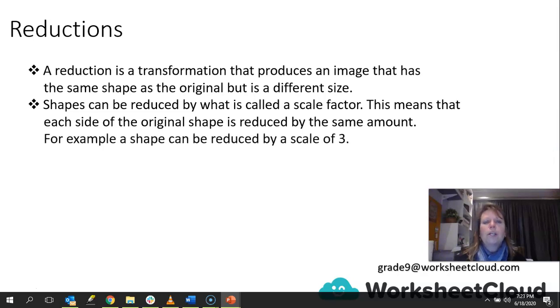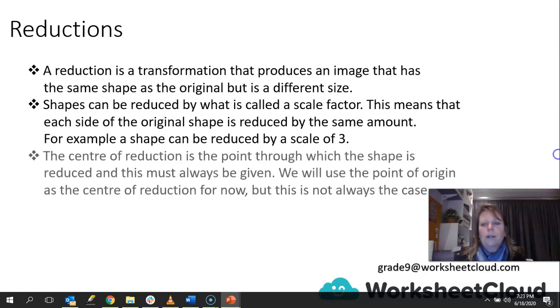For example, a shape can be reduced by a scale factor of 3. That means that the image will be a third of the size of the original one because we are reducing it. Okay, the center of reduction is the point through which the shape is reduced, and this must always be given. We will use the point of origin as the center of reduction for now, but this is not always the case.